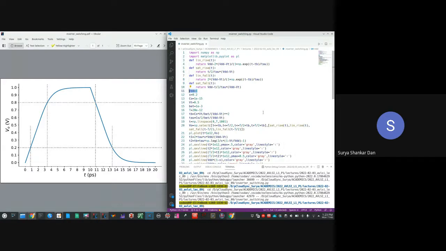As I said, throughout this course I will primarily be referring to the 45 nanometer technology node, that is essentially the i7 processor. Later on, as we go along, we will go to FinFETs and 14 nanometer technology nodes. So in 45 nanometer, VDD is 1 volt.